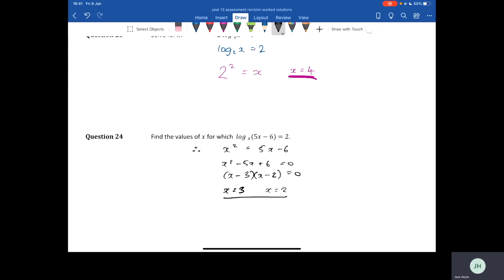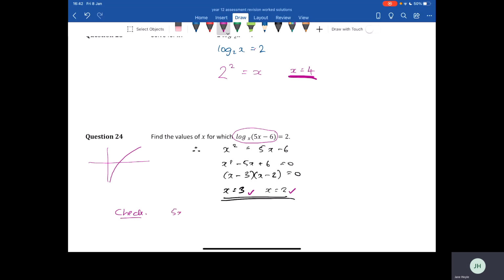So all looks good. What we should just check, however, because you know that the log function only exists for positive values, and even though 3 and 2 themselves are both positive, it's worth checking that when we put them back into there, the part in the bracket remains positive.